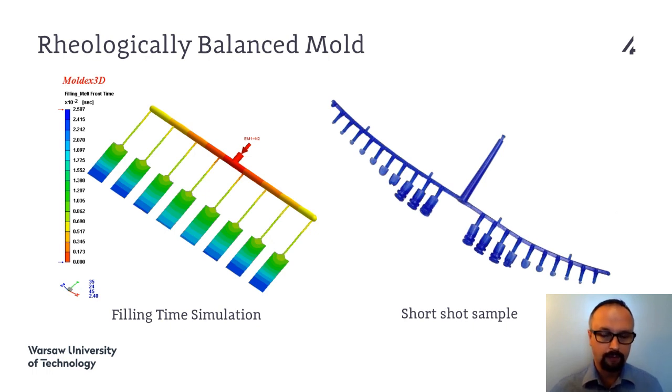The first layout, the fishbone, like I said, is an obviously imbalanced one, because if we make a short shot sample, we receive such a pattern. So the inner cavities always fill faster than the outer ones, and it was possible to simulate this in Moldex 3D and in other software from almost the early beginning of the technology.